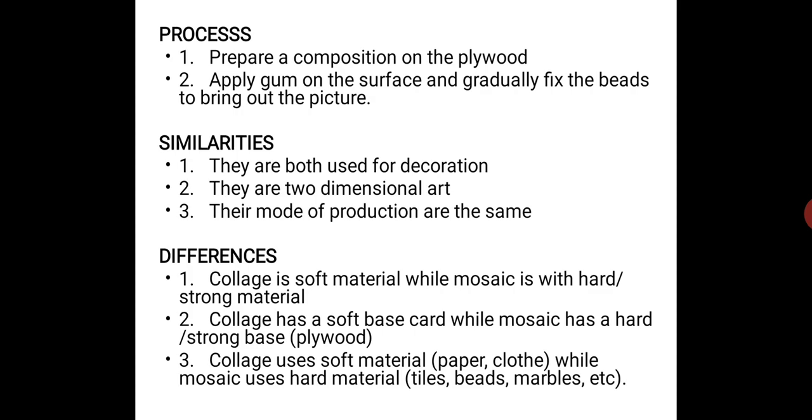Collage has a soft base, the cardboard, while the mosaic is the plyboard. In doing it, we have the seeds, the broken bottle, the marbles in mosaic, while pieces of paper, clothes, wool are in collage. Collage uses soft materials like paper, while the mosaic uses hard materials like tiles and beads.